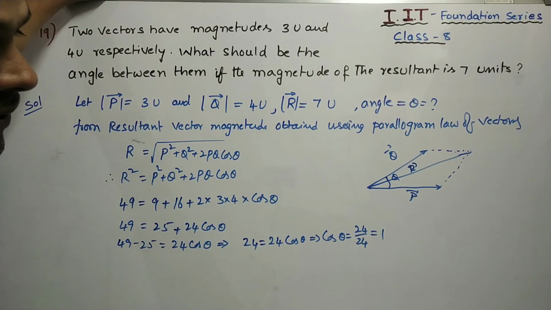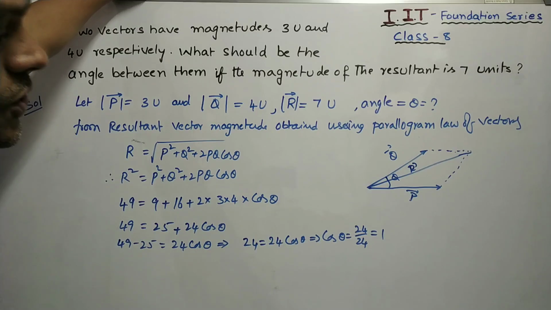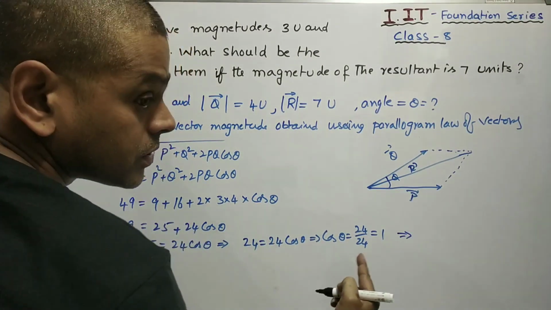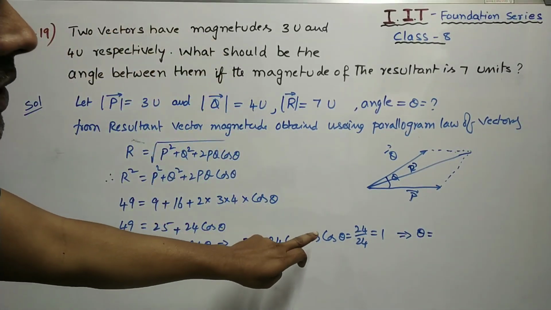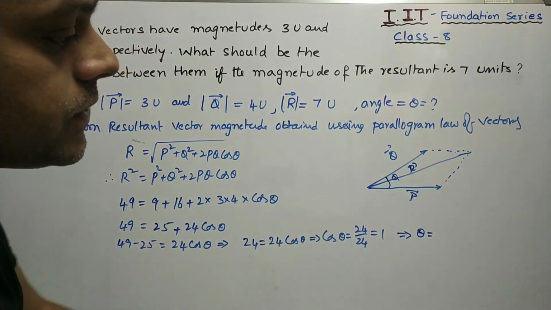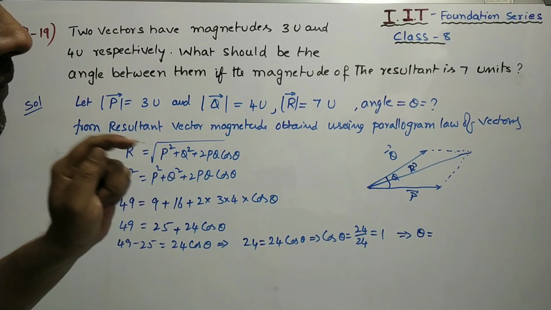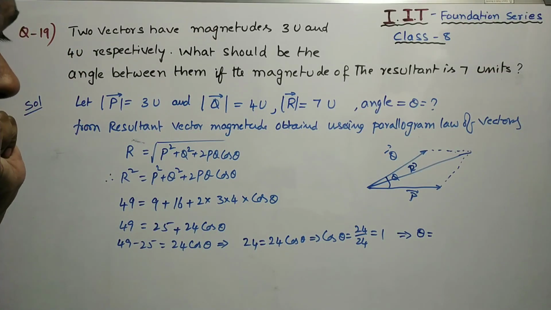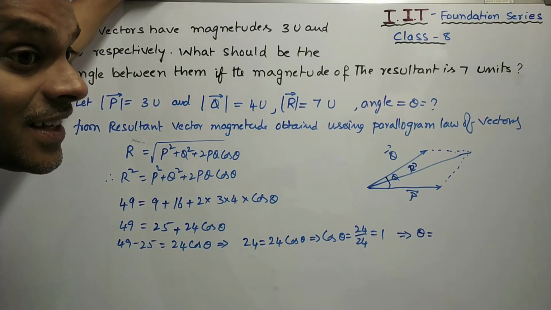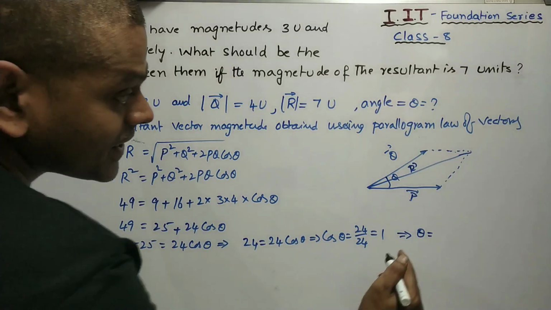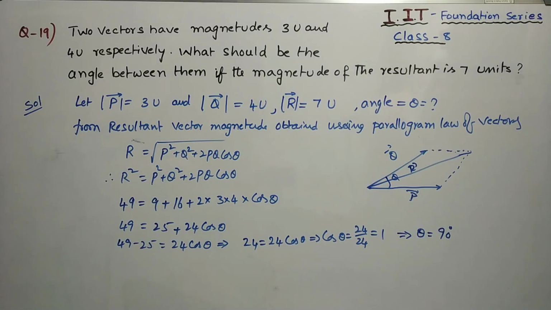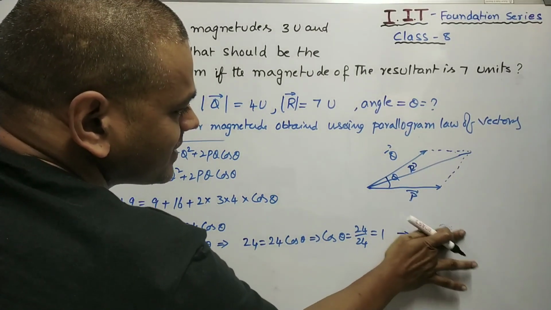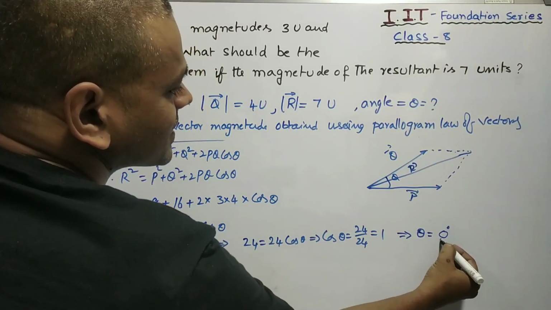Cos 0 is 1, isn't it? So when cos theta equals 1, theta is equal to 0 degrees. So this is the answer.